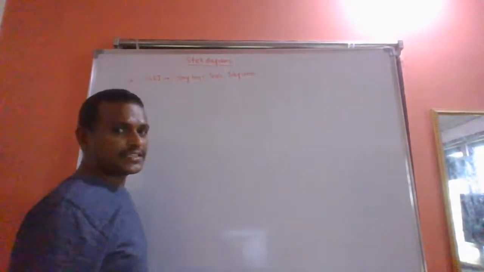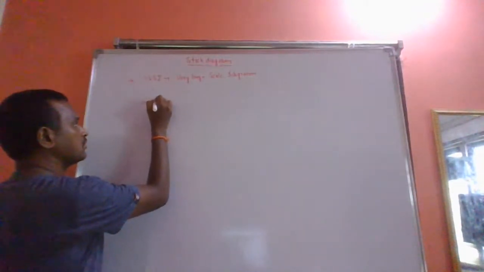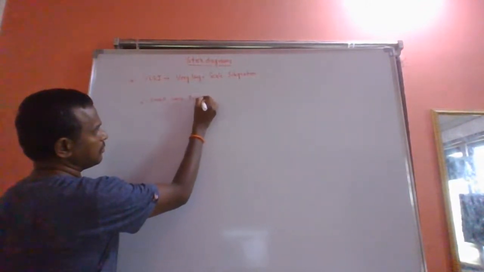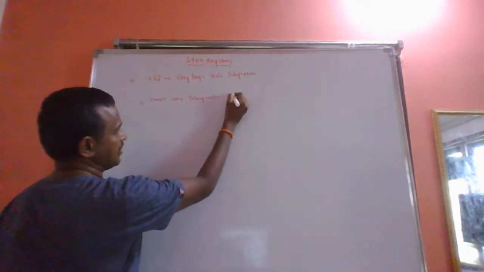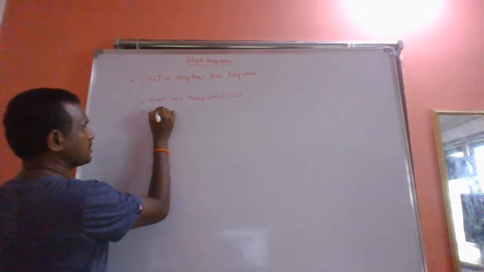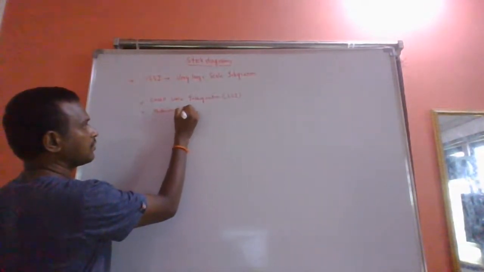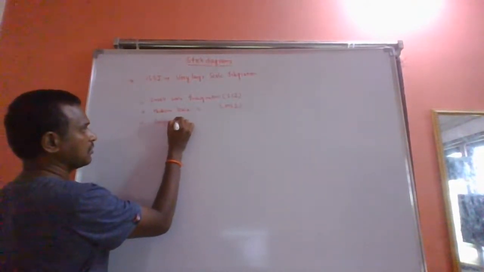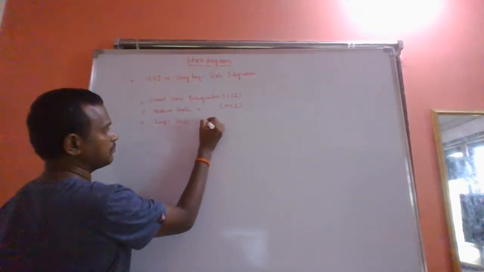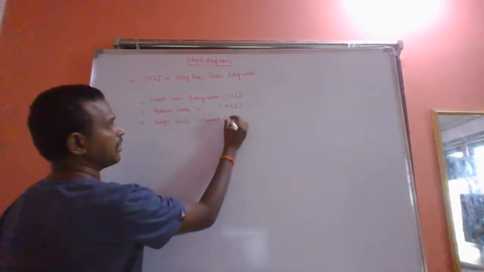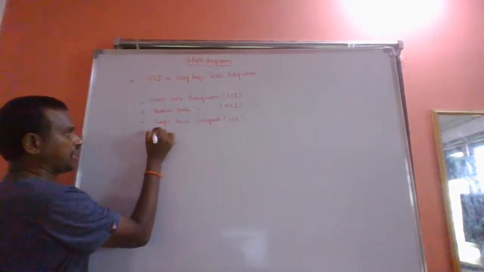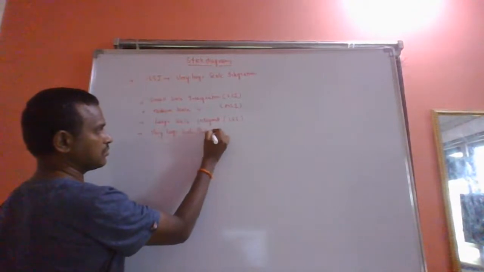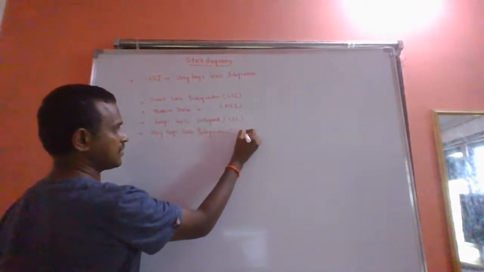So here, the IC technology has transformed from small scale integration, that is SSI, and medium scale integration, that is MSI, and large scale integration, that is LSI, and the important one is very large scale integration, that is VLSI.